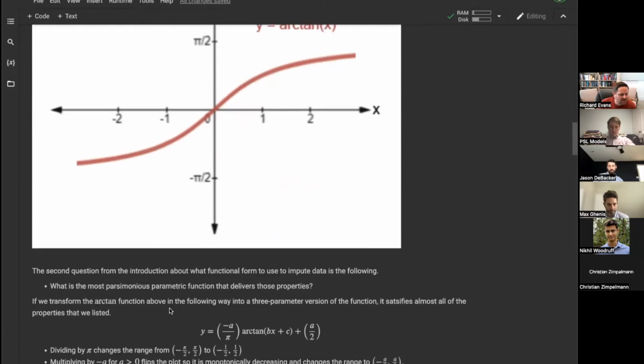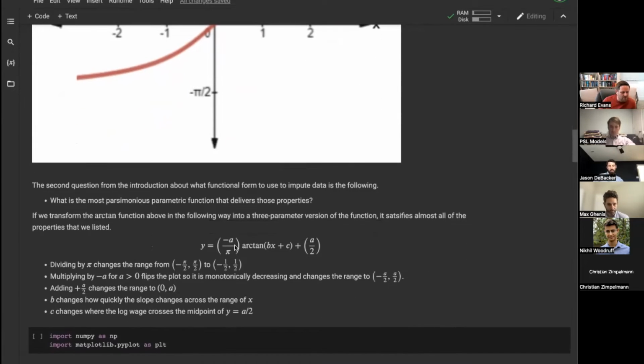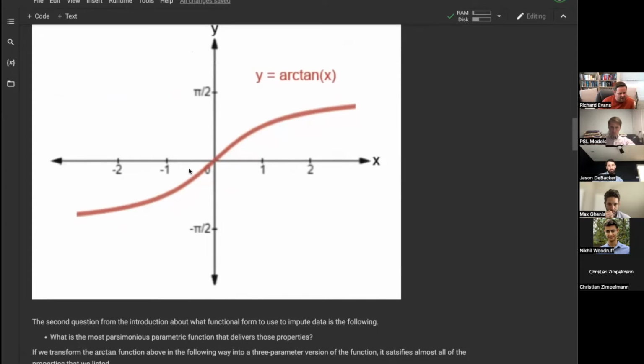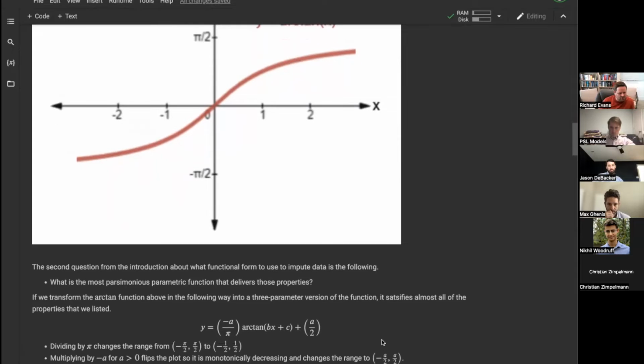If we flip that to be negative, here's the function we came up with. We divide the function by pi, and that changes the range to be from negative 1/2 to positive 1/2. We multiply by negative a, which flips this function and makes the range from negative a over 2 to positive a over 2.